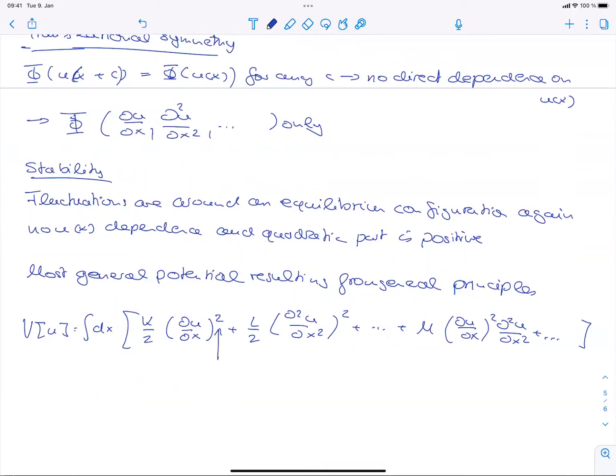There's one more assumption that I'm putting in here, which is that it shouldn't matter for the particles if they're collectively moving to the right or collectively moving to the left. And so that's why the linear derivative has a square, because the sign of the deformation doesn't make a difference for the energetic cost of this deformation.